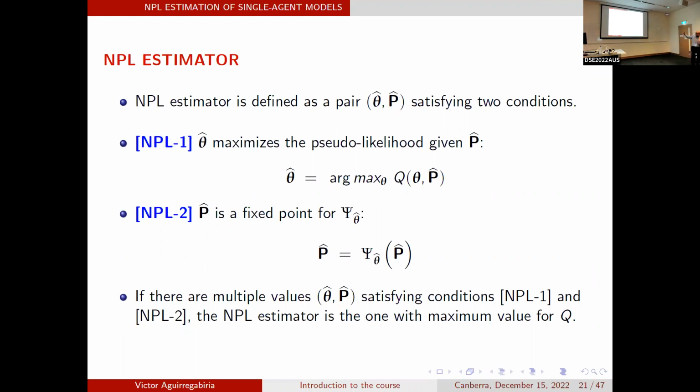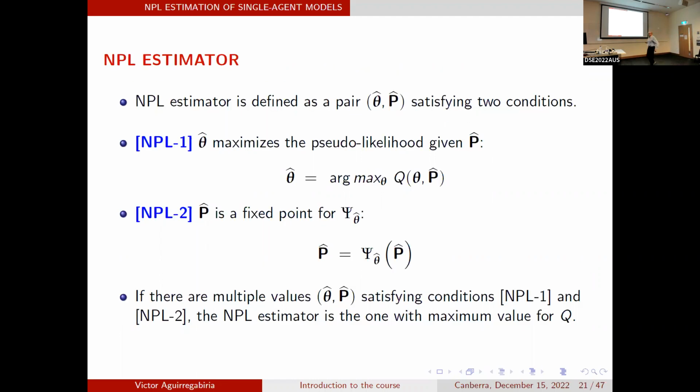Taking into account the zero Jacobian property, these two conditions are equivalent to the conditions that define the maximum likelihood estimator. But we will not see this if we are not aware that we have this zero Jacobian property.